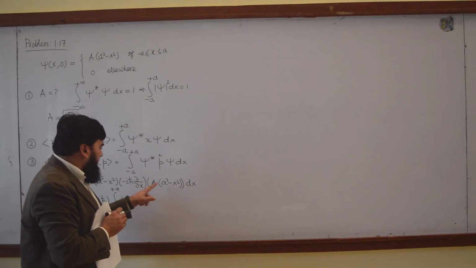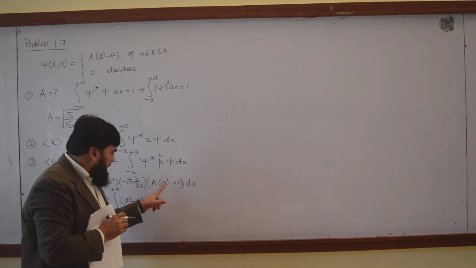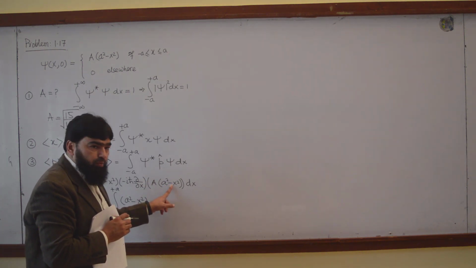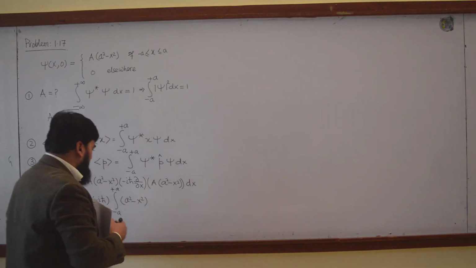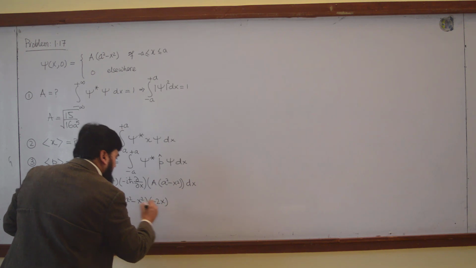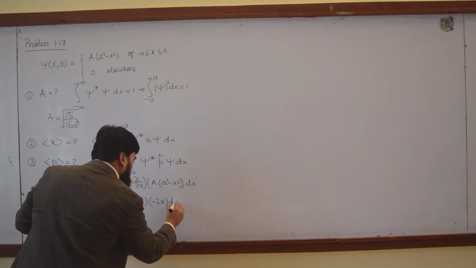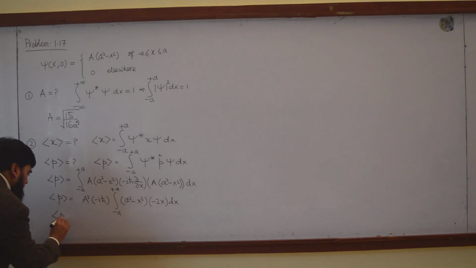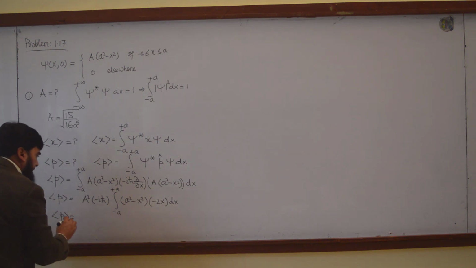When curly d by curly d x operates on a square, it becomes 0, while on minus x square it will become minus 2x. So this will become minus 2x dx. Let me rearrange this so that it is much clearer.